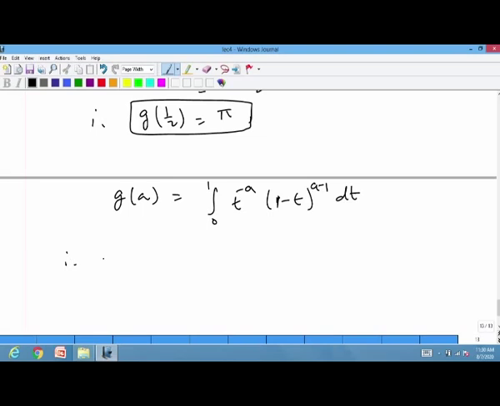So, therefore, g of 1 minus a is equal to the integral from 0 to 1 of t to the power minus of (1 minus a), and (1 minus t) to the power a is replaced by 1 minus a minus 1, dt.